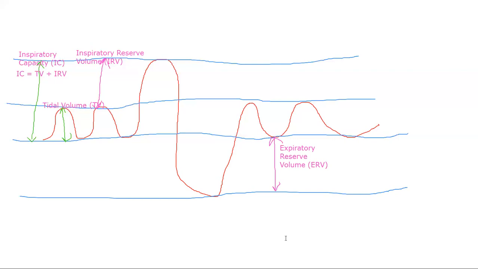When you do a maximal expiration, do you think you're getting all the air out of your lungs, or do you think there's still some left in there? Still some. We try to get all of it out, but there's always a little bit left in. So I need to draw another line here to represent air that's still in the lungs after a maximal exhale.